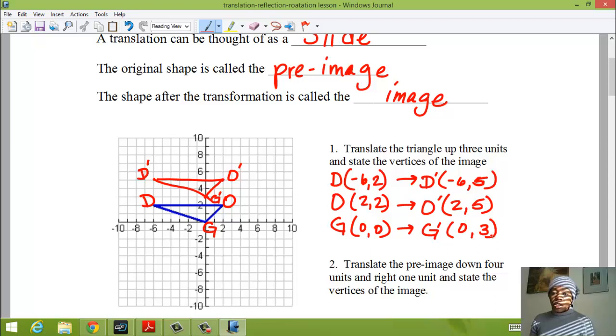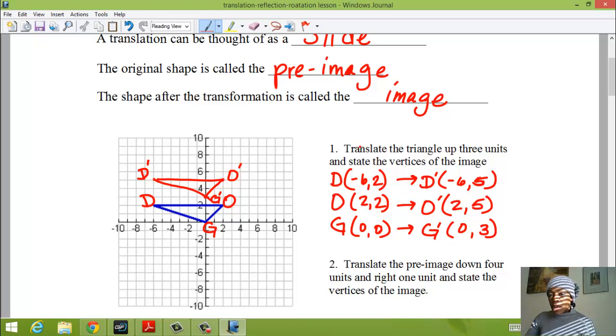Now, there's actually a rule that we can use to do translation. One way is by going to the coordinate plane and actually counting the units and plotting the points. Another way, you could look at the coordinates and see what change took place. Look at how the x coordinate changes. Look at how the y coordinate changes.